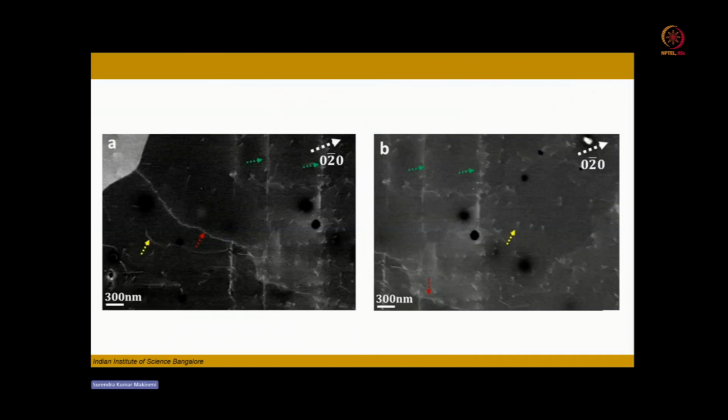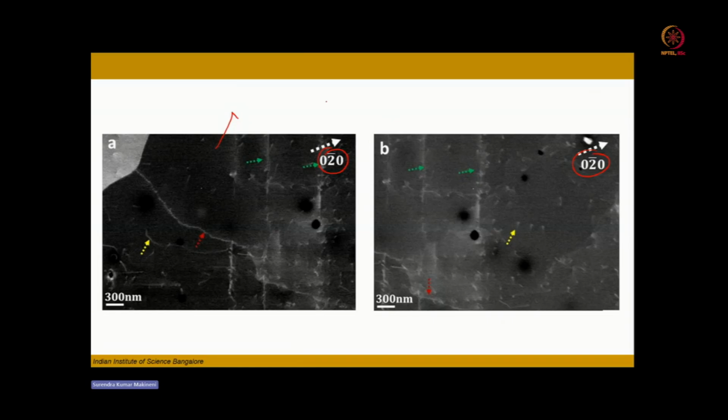Here I am showing you two micrographs. These are SEM micrographs taken by the backscatter detector. Okay, and here you can see that we are representing a certain direction, g = 02̅0. What is this 02̅0? It means that the crystal is oriented in a two beam condition of 02̅0.